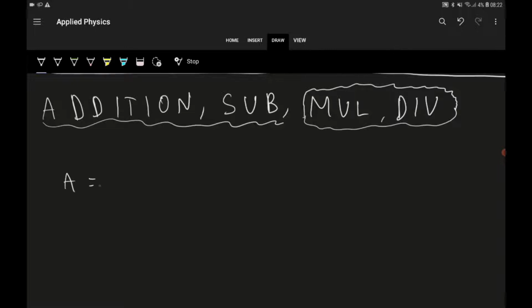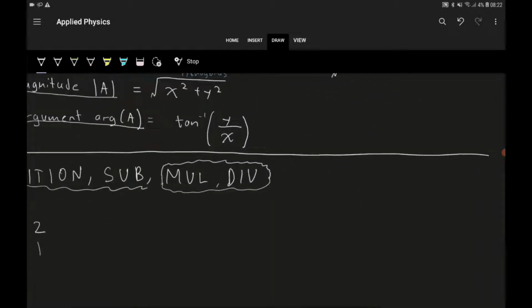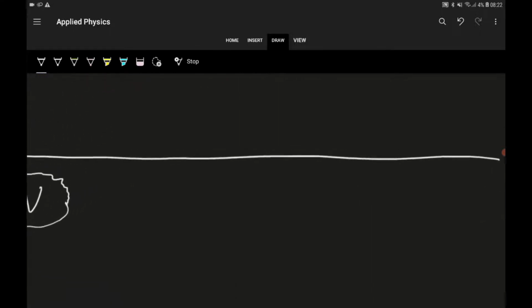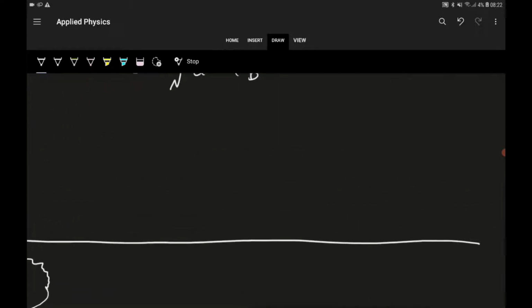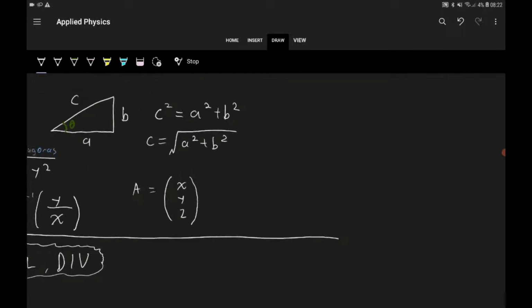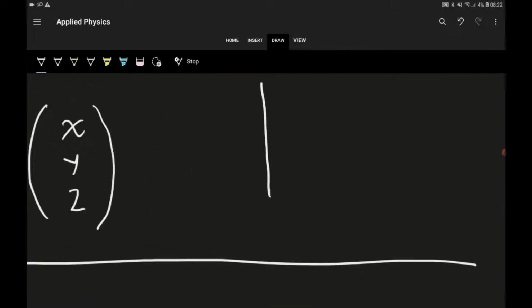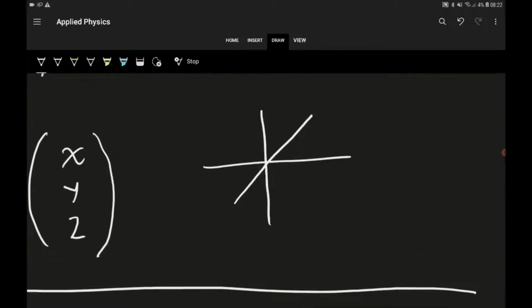Let's say A is 2, 1. By the way, I should probably go over how we represent vectors as well, different ways of representing vectors. One is a column vector, so we go x, y, and let's say we have another plane z. This is how three-dimensional vectors would look.